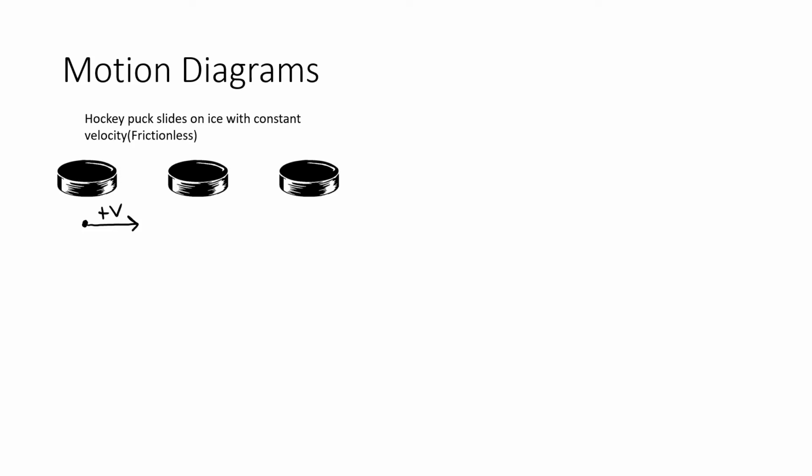Since it's frictionless, it's not being acted on. It's moving at a constant velocity. If I was to draw this to scale, all of these arrows, all these vectors will be the same size. So hopefully I can draw them all the same size.